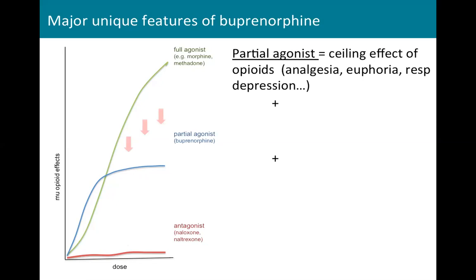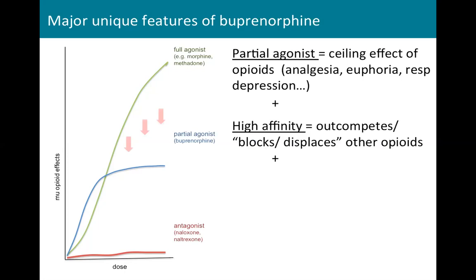And that applies to things like analgesia and euphoria, as well as to adverse effects such as respiratory depression or sedation. And so this unique combination really allows it to have a particular niche in treating patients, both for opioid use disorder and possibly within palliative care, or I would say definitely within palliative care.